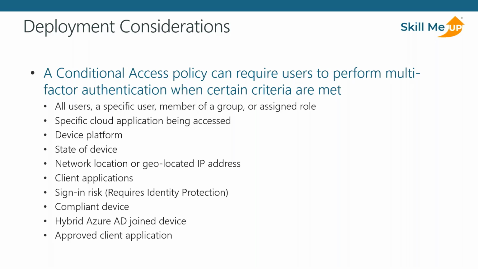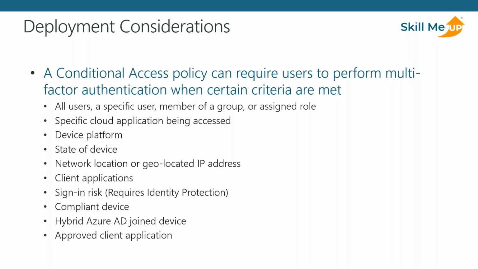So it's a specific user or member of a group or assigned role, or a specific cloud application. For example, maybe it's when somebody tries to access the SharePoint app, or maybe it's Microsoft Teams. The device platform, is it Windows 10 or iOS? The state of the device, is it a risky device? Network locations, is it coming in from a country other than where you would expect it? What the client application is that's making the connection, and the sign-in risk if you have Identity Protection enabled.